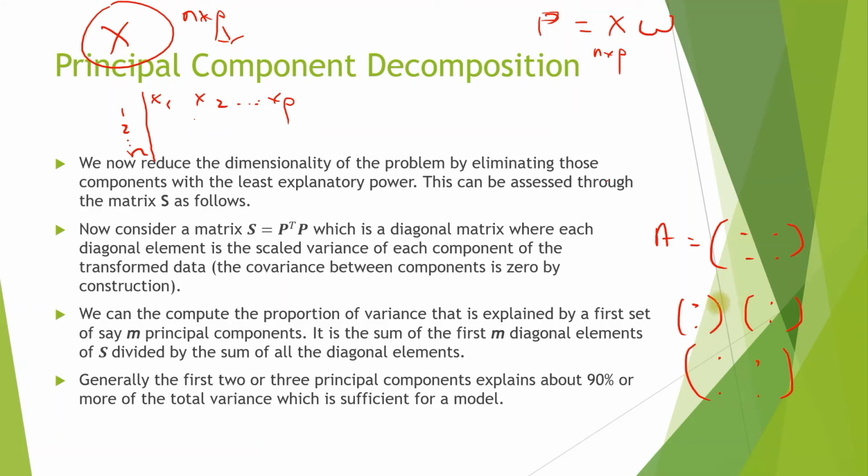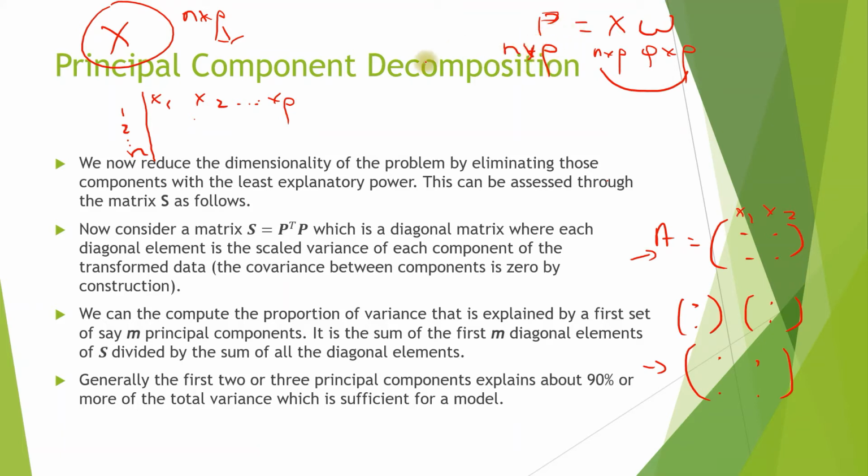In other words, if you have two variables, let's suppose x1, x2, you will always have a 2 by 2 matrix of eigenvectors, just like originally your data was. So if we had p variables in the data set, you will have a p by p eigenvector matrix. So if we have a p by p, you would see that it is an n by p matrix that you get.